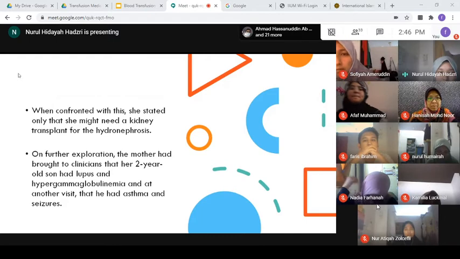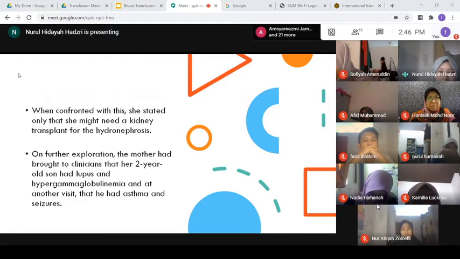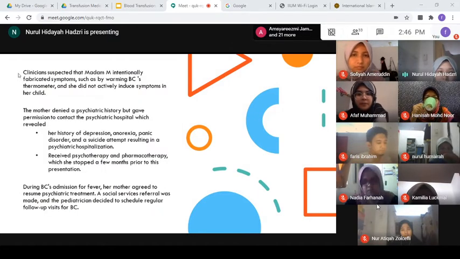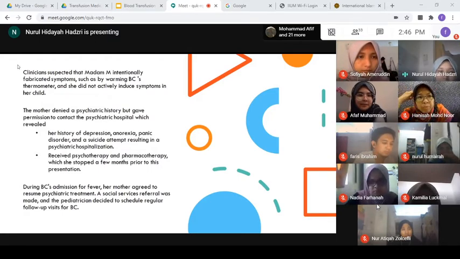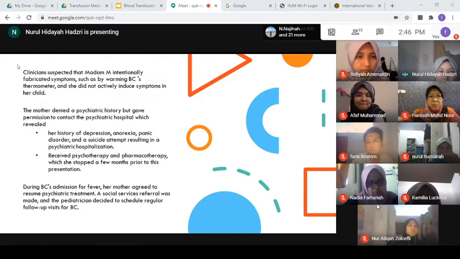At another visit, she said that her son had asthma and seizures. So the doctor suspected that Madam M intentionally fabricated symptoms of her child, such as by warming BC's thermometer, and that she did not actively induce symptoms in her child.